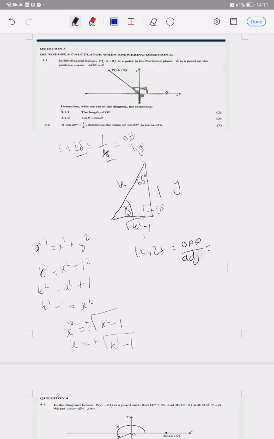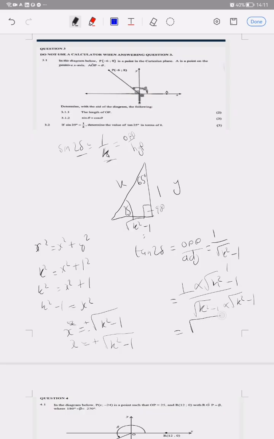All right, so what is my opposite in this case? It's just a 1. If I'm standing at 25, my adjacent will just be the square root of k squared minus 1. Then what do we have? You rationalize it, so times the square root of k squared minus 1 over the square root of k squared minus 1.